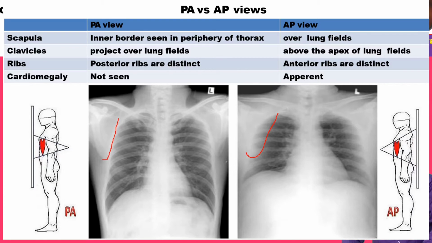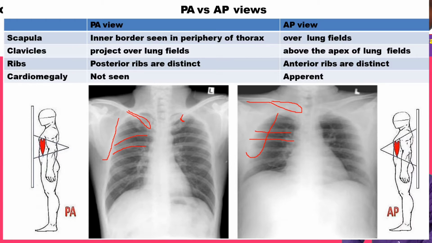While the clavicles, as you can see here, are projected over the lung field in the PA view, while in the AP view you can see the clavicles are above the lung field and above the apex. In the ribs, you can see in the PA view the posterior ribs are more distinct, while in the AP view the anterior ribs are more distinct and these are transversely placed.